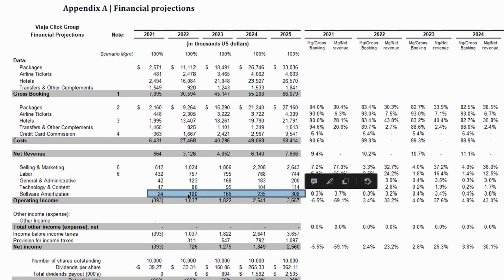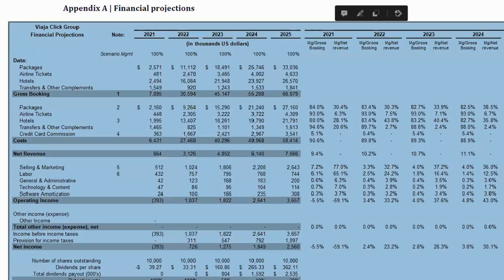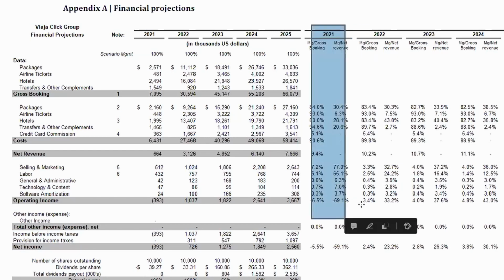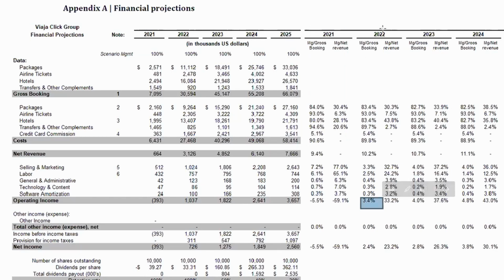As you might see, this net operating income for year 2021 is like a record year, because it's the first year. Usually those are kind of unstable figures, but as you can see, from 2022 onwards, you have an operating margin of 3.4, 4.0, 4.8, 5.0.